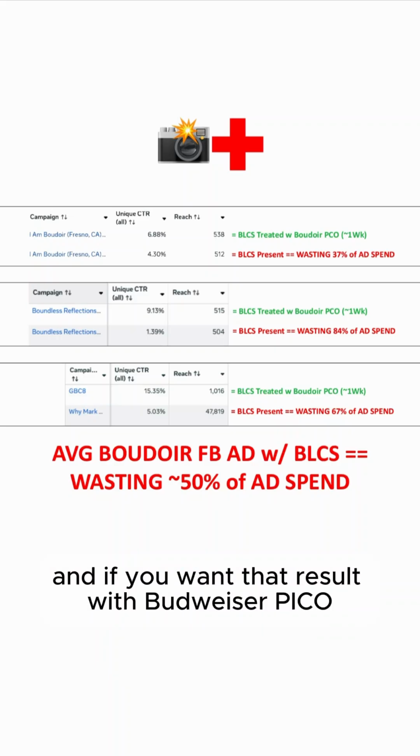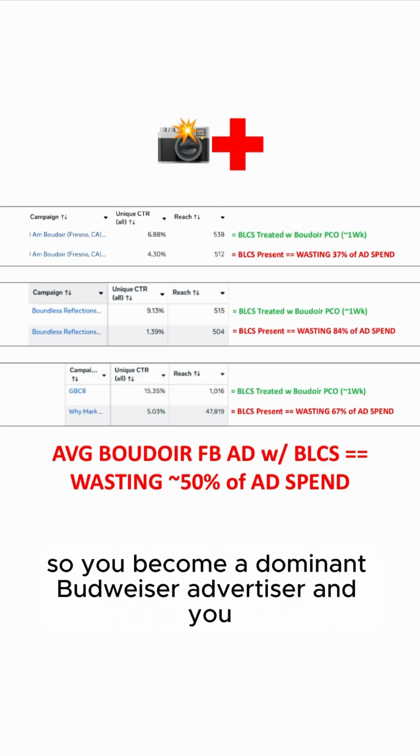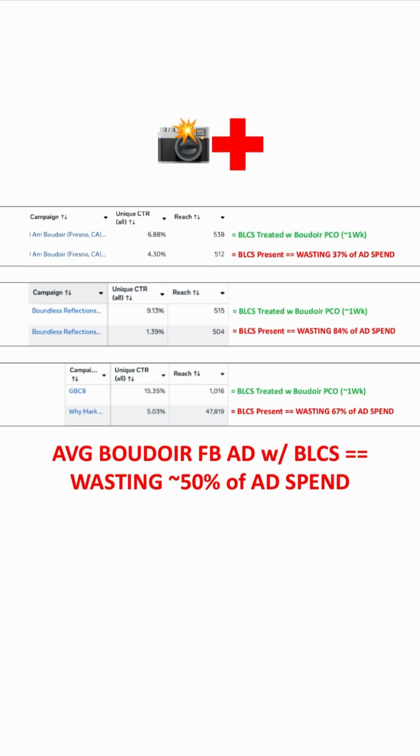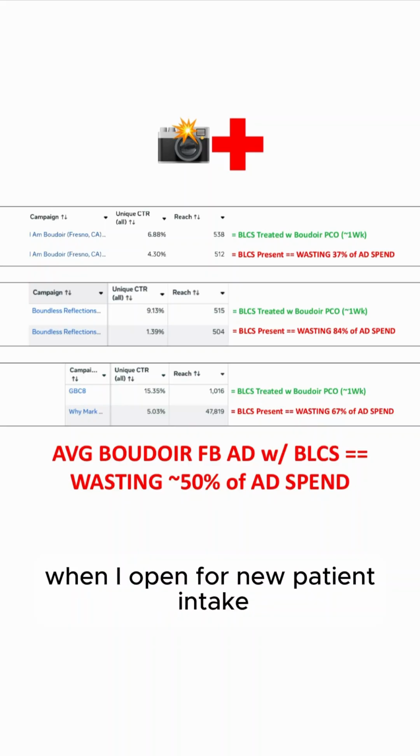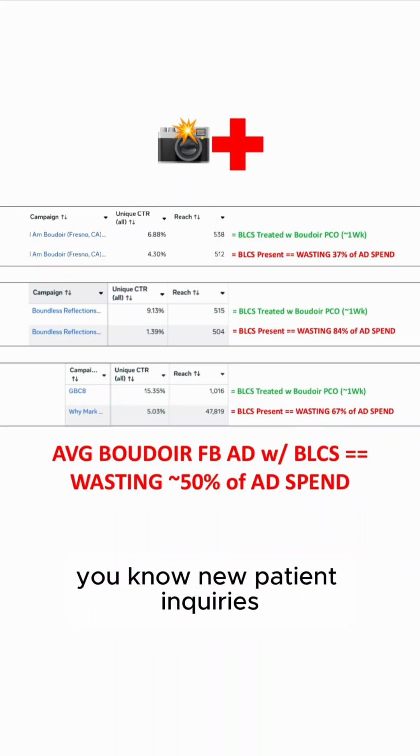And if you want that result with Boudoir Pico, because you want to achieve pre-click alignment, so you become a dominant Boudoir advertiser, and you achieve Boudoir brain entry boost with your Boudoir Facebook ads, because you need that on your path to becoming the number one boudoir photographer in your city, then shoot me a DM when I open for new patient intake.